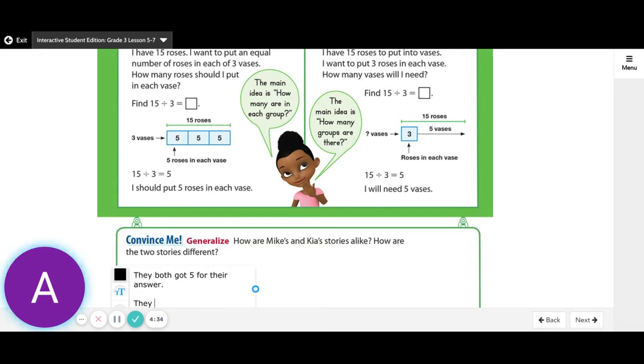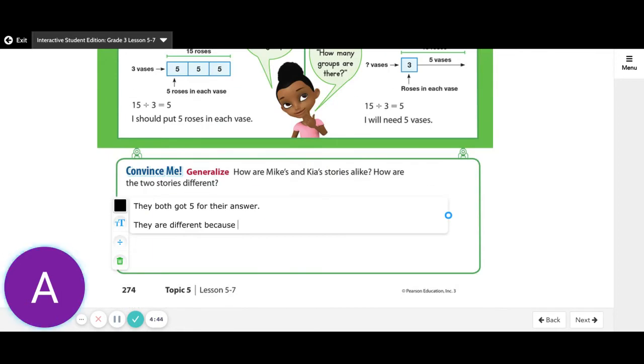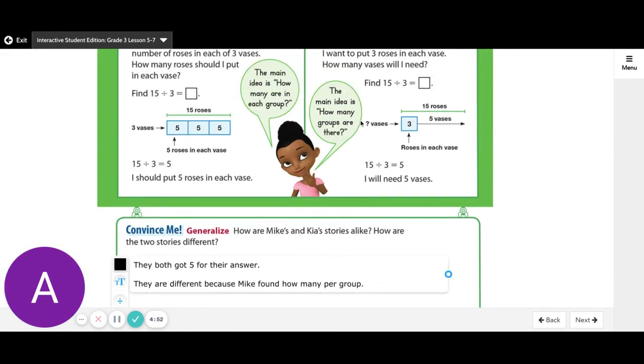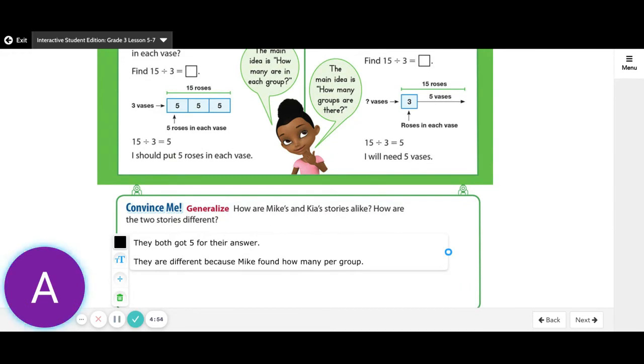We could say they are different because Mike found how many per group, and then Kia was finding out how many groups instead. So they're very similar, but they are a little bit different.